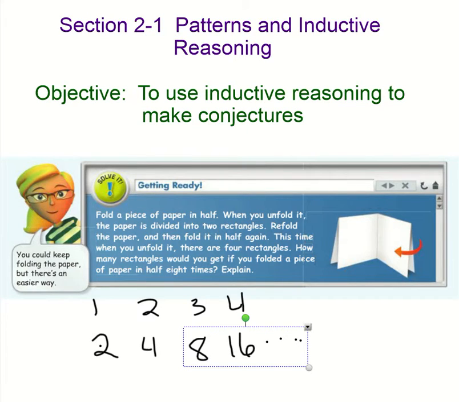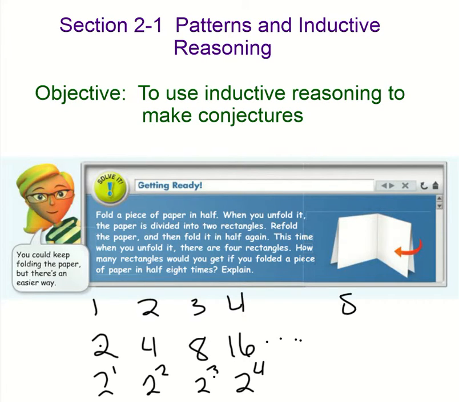And then I noticed, okay, well, each one of these is a power of 2. We have 2 to the first, 2 to the second, 2 to the third, 2 to the fourth. And so then I noticed, well, if there's 8 folds, it's probably going to be 2 to the 8th. And 2 to the 8th power is 256.